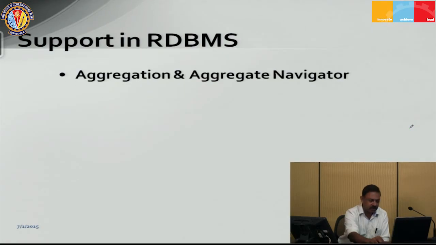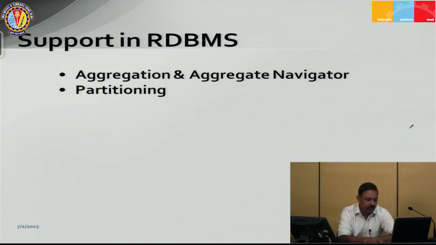So there is support for aggregates, and most RDBMSs have aggregate navigator middleware. Then there is support for partitioning, and I'll also be talking about how you can actually build partitions in a relational database even if there is no support for partitioning.